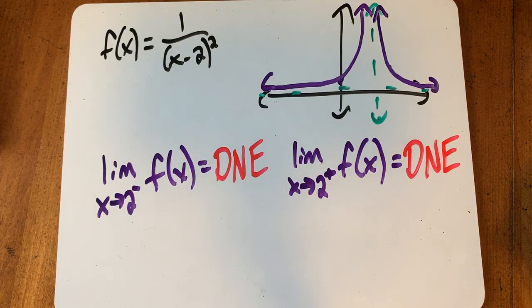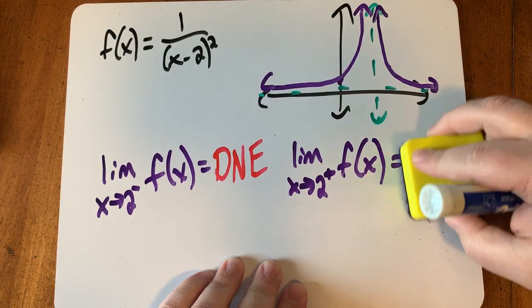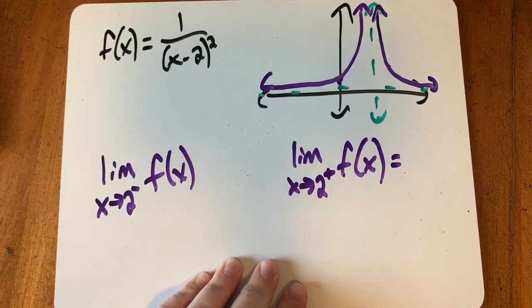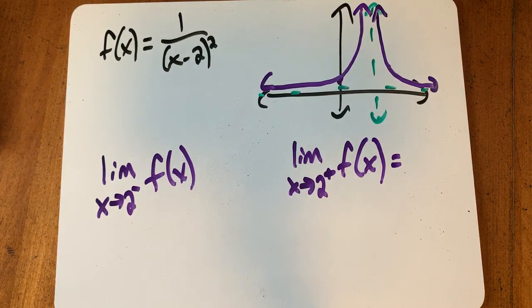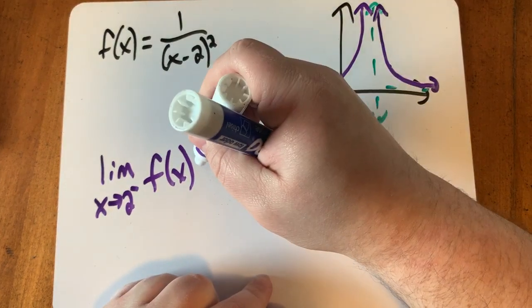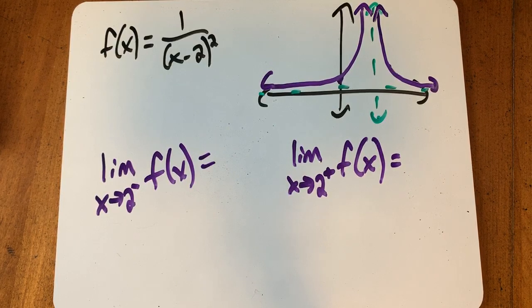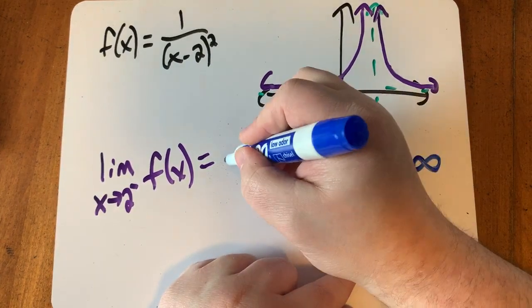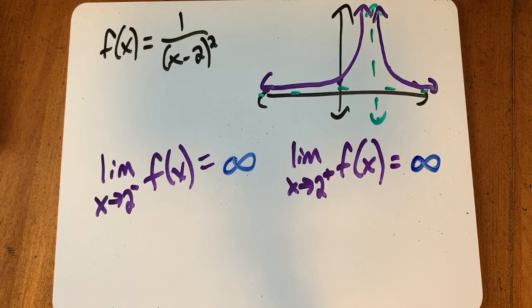To simplify our work with end behavior and behavior at asymptotes, instead of developing an entirely new system, technically these are not limits, but instead of developing an entirely new system to express this, we accept that.